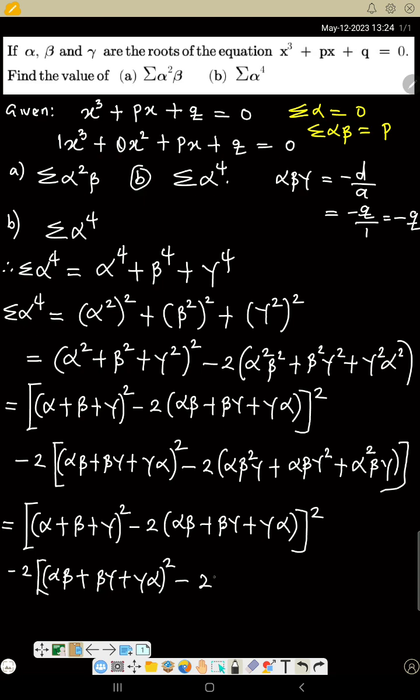So you will notice that alpha beta gamma is common here. So it will remain alpha plus beta plus gamma in the bracket. So now I've achieved everything I need there.